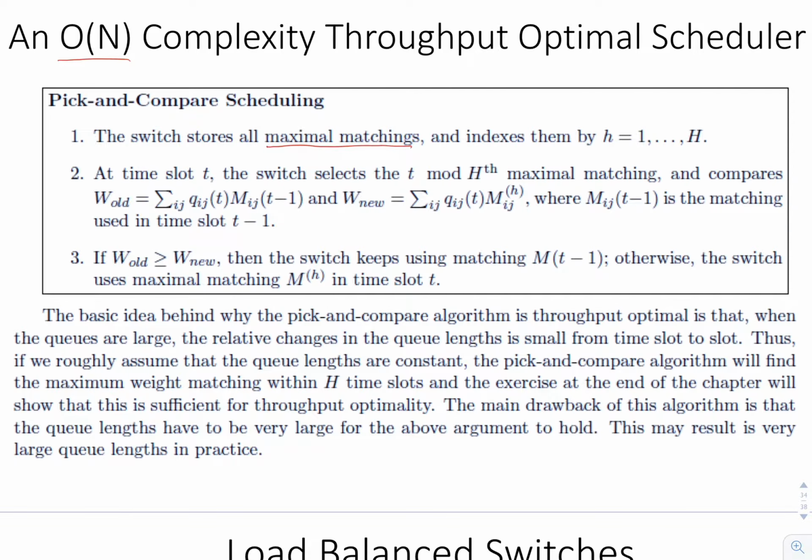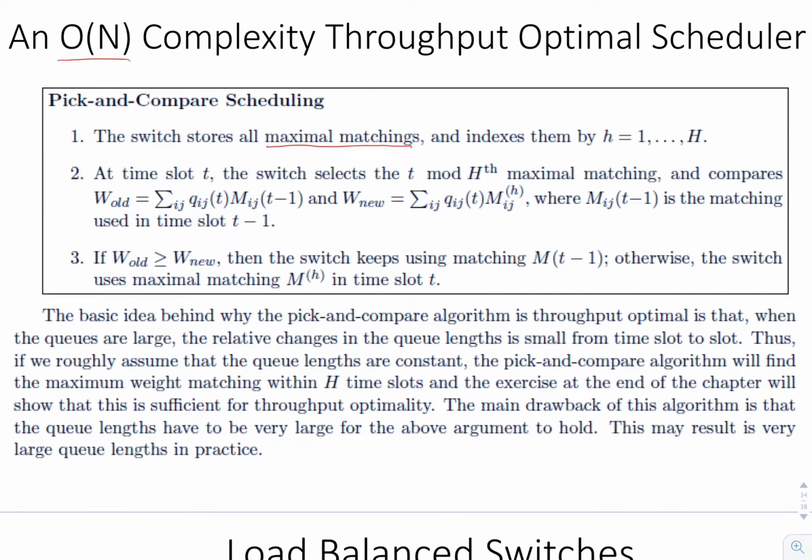in the second stage, the arrival rate into virtual output queue IJ is less than 1 over N if the total arrival rate into the first stage queues is less than 1, which holds when lambda lies strictly inside the capacity region.